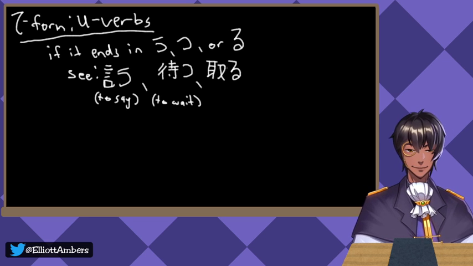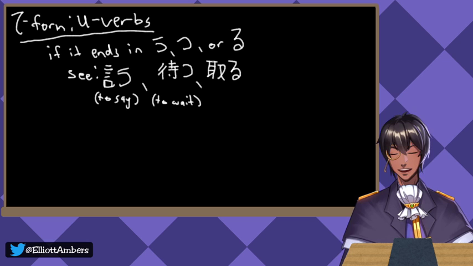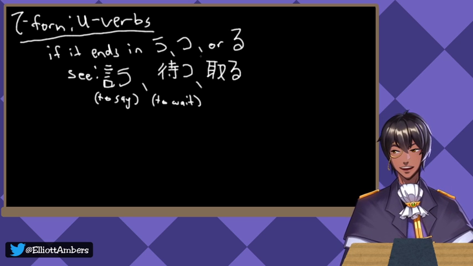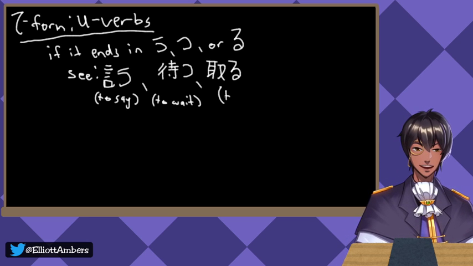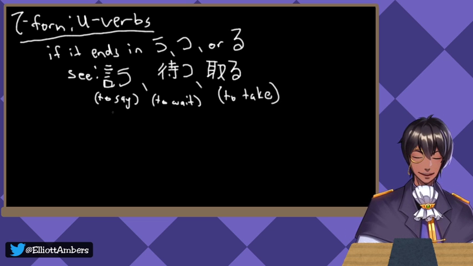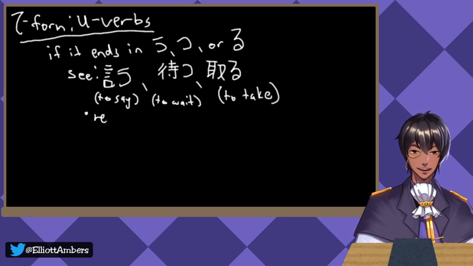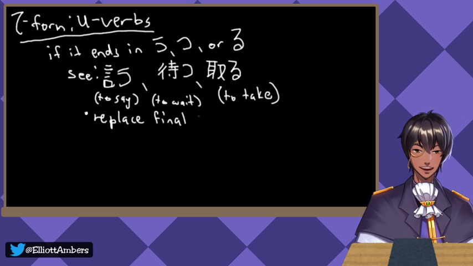So you can see, each of these verbs ends with either u, tsu, or ru. And these will all have the same kind of conjugation. The way we conjugate this, replace the final kana.